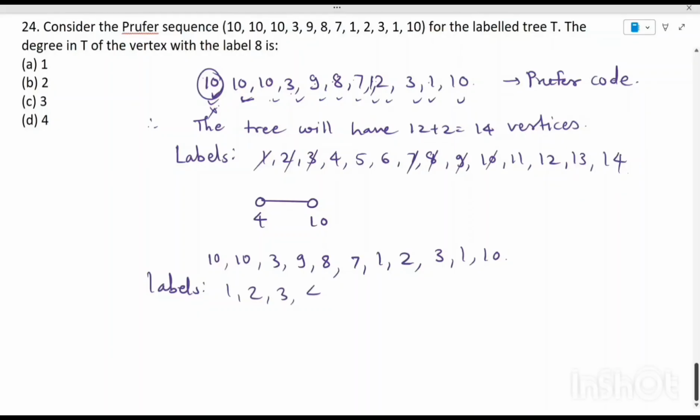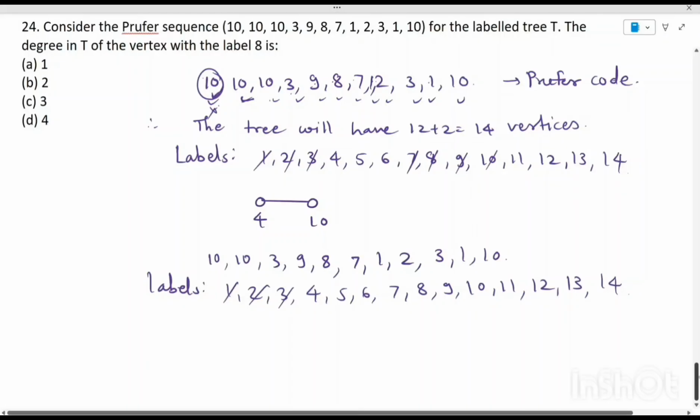Delete the labels which are present in the Prüfer code. 1 is present, 2 is present, 3 is present, 4 we are not considering because it is already used in the first step. 5 is not present, 6 is not present, 7 present, 8 not present, 9 present, 10 present, 11, 12, 13, 14.